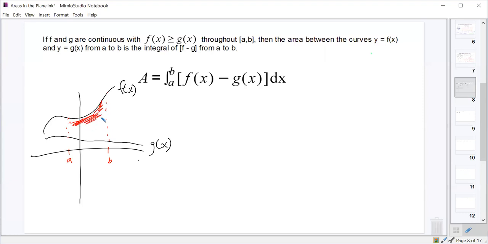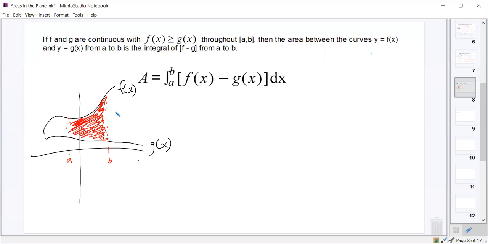So just this area right there. Now, all we have to do is the integral from A to B of f minus the integral from A to B of g. Right?